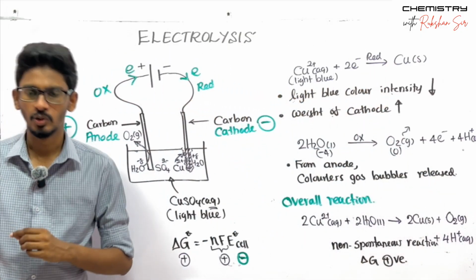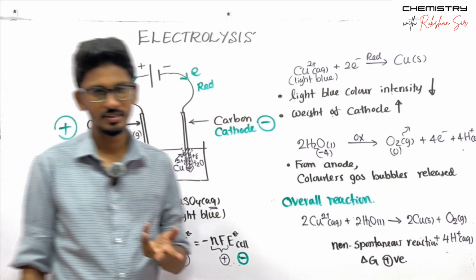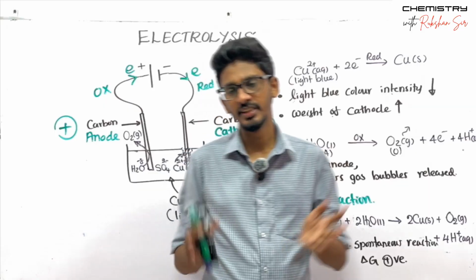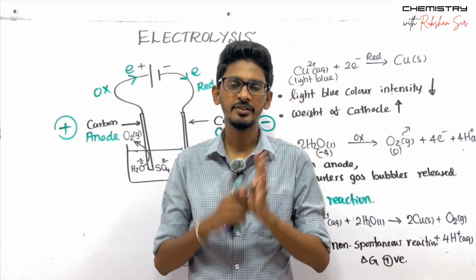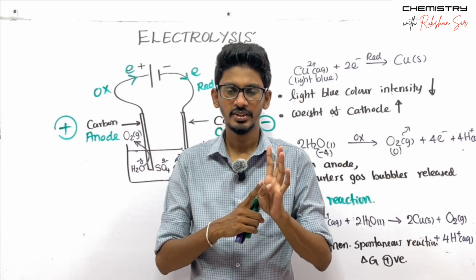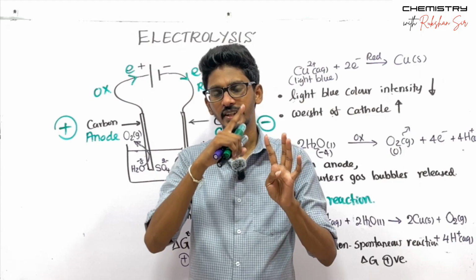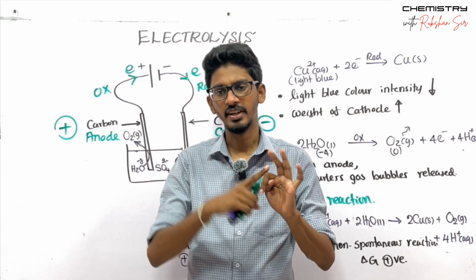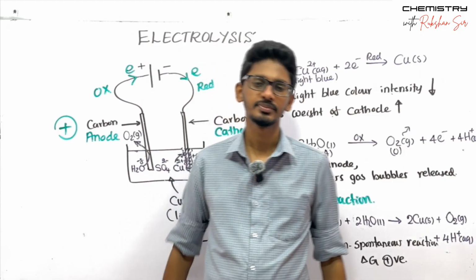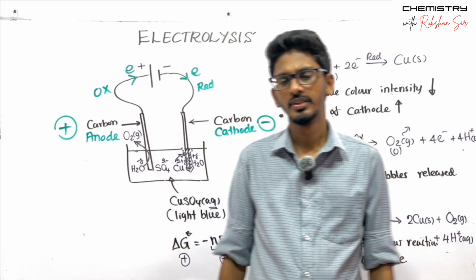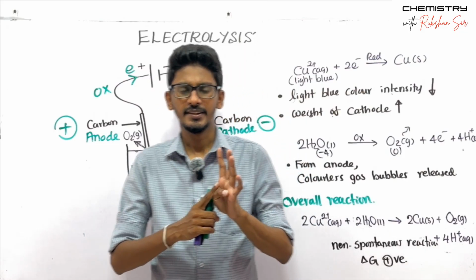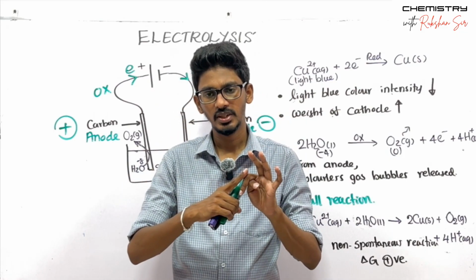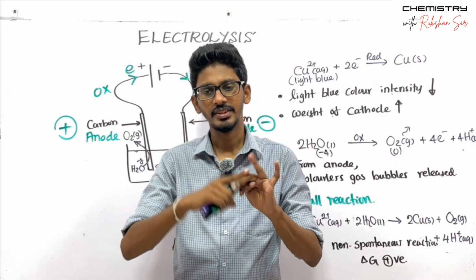So the three differences between the electrolytic cell and electrochemical cell processes are the sign of delta G, the sign of E naught cell, and the sign of the electrodes.